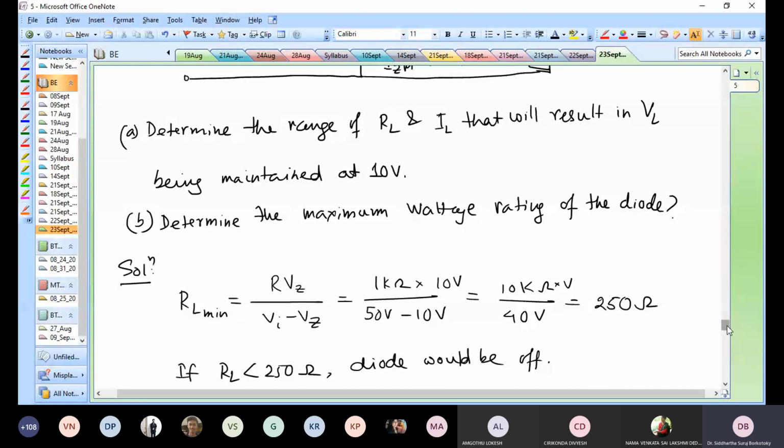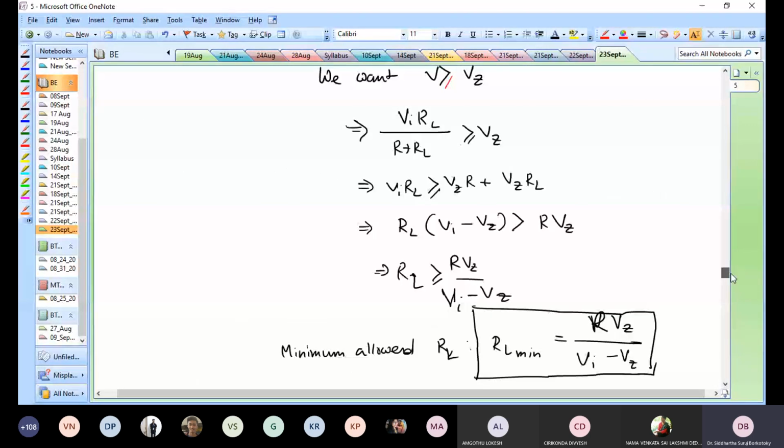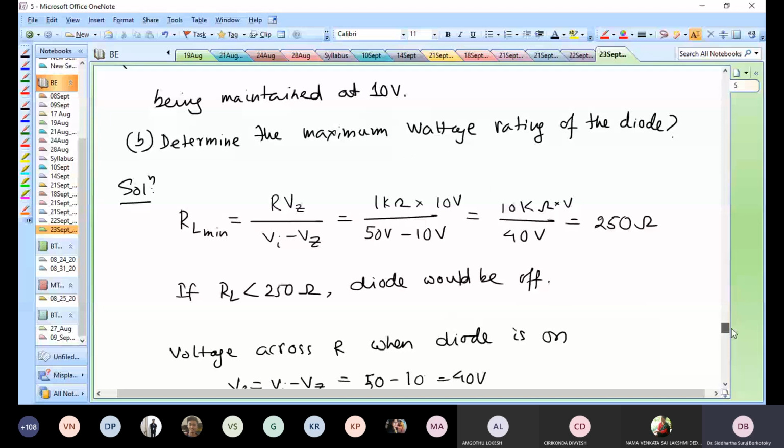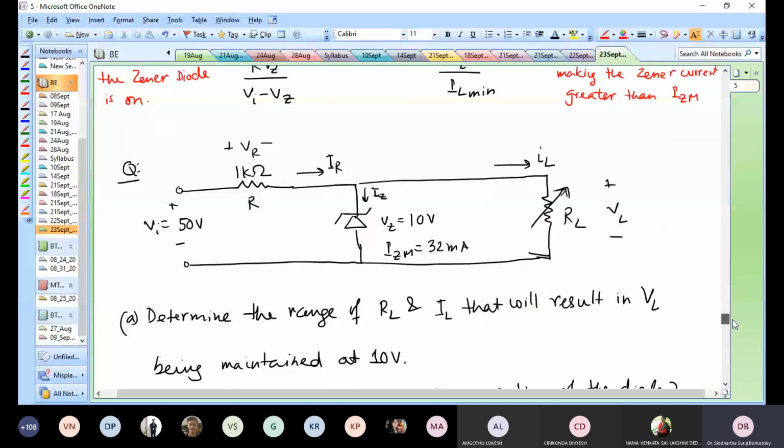Let's see where that was to remind ourselves. Here it is: the minimum allowed RL should be R VZ by VI minus VZ. So this is exactly what I have written here. R is 1 kilo ohm, VZ is 10 volts, VI is 50 volts.